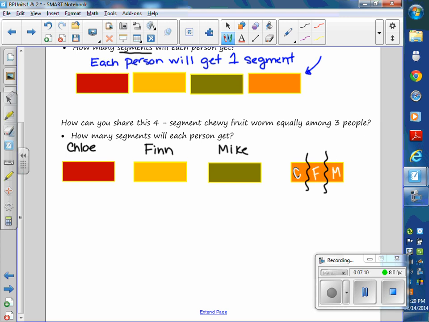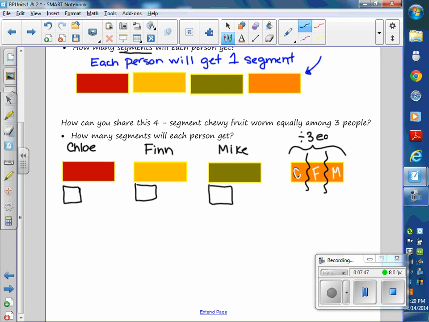So part of the homework is just showing in a picture what each person would get. So they would each get 1/3 plus their whole segment. So when you answer that question, you could show it with a picture like that. And then this picture would show you're dividing it into 3 equal parts.